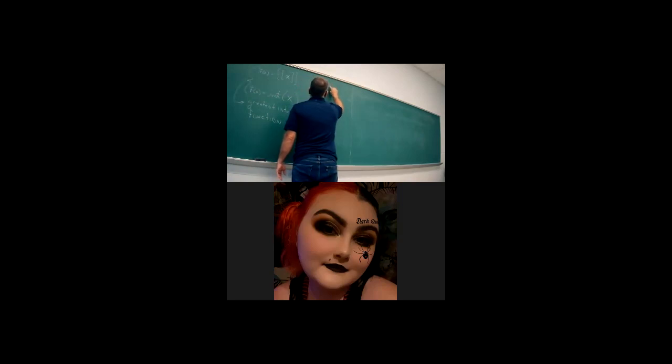If I put in, let's just do 4.5. The biggest integer that is less than or equal to 4.5 will be 3. The biggest integer that is less than, oh, my bad. I'm sorry.